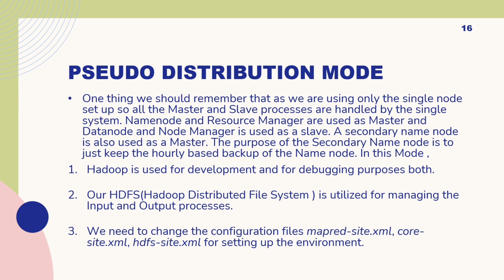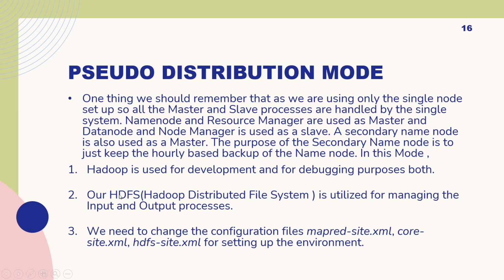One thing we should remember is that as we are using only a single node, the setup of all master and slave processes is handled by the single system. So pseudo distributed is similar to standalone mode, but here everything runs on different JVMs, and all the master and slave processes are handled by the single system only.